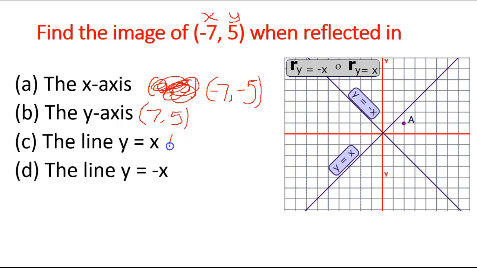If it is reflected in the line y equals x, we just switch x and y, so x becomes positive 5 and y becomes negative 7. And if it is reflected in y equals negative x, we switch 5 and -7, but then we change the sign, so it becomes negative 5. And then negative 7 becomes positive 7.